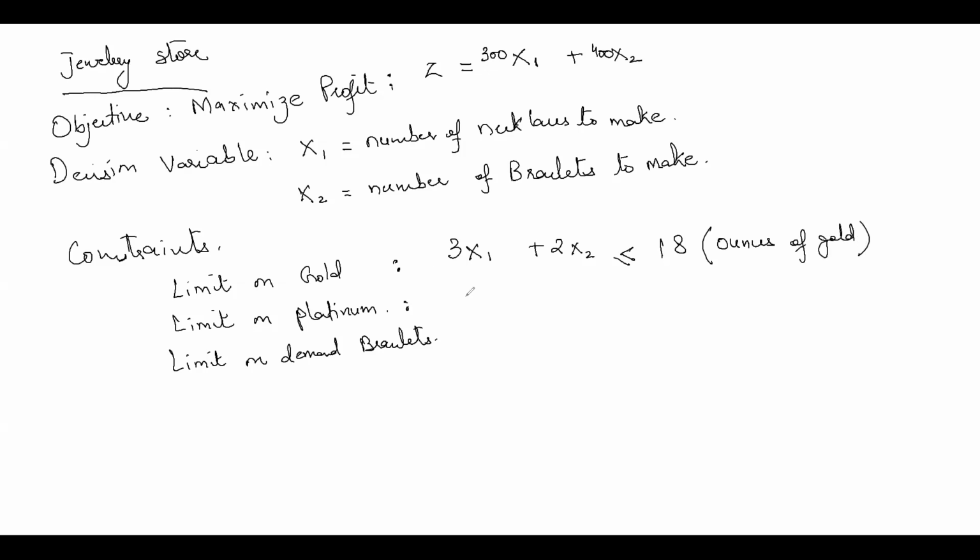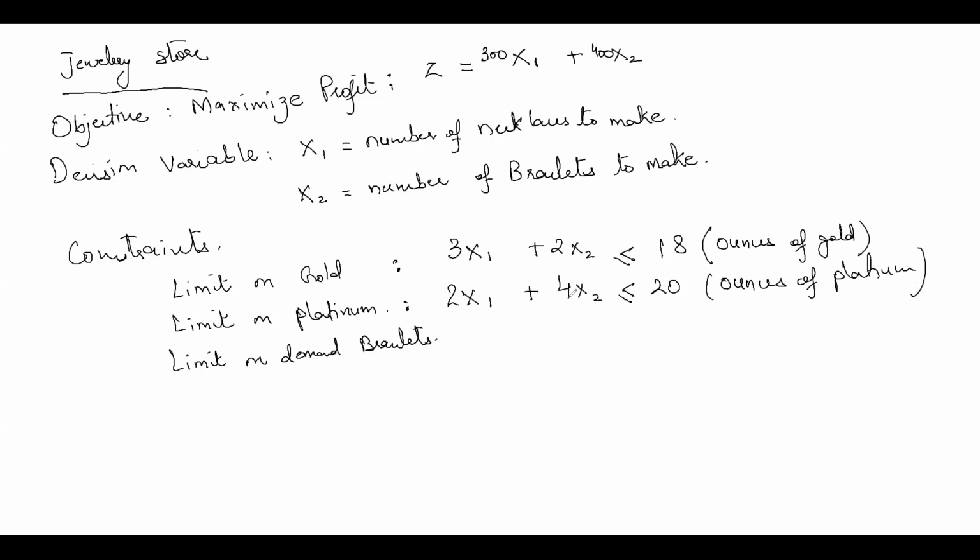The second constraint is on platinum. From the question, we know that we have to share the platinum between these two decisions, but it cannot go above 20 ounces because that's the total we have in the store. We know that each necklace needs 2 ounces of platinum and 4 ounces of platinum is needed for 1 bracelet.